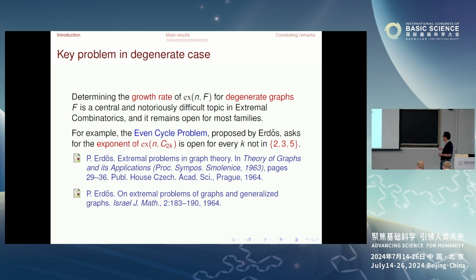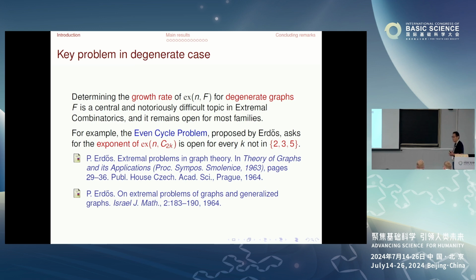For example, another famous problem in this topic is the even cycle problem, which asks to determine the exponent of the Turán number of the even cycle. However, it remains open. This problem is only solved when k is 2, 3, 5.